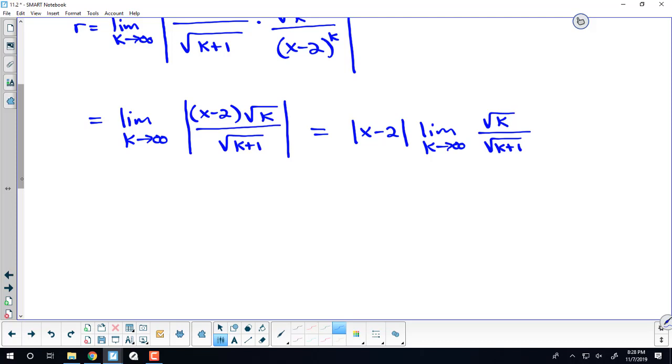So with a root over a root, you always want to look at it as a single root instead of a root divided by a root.